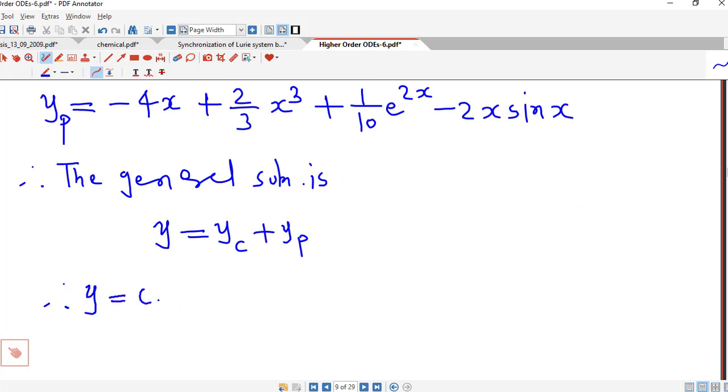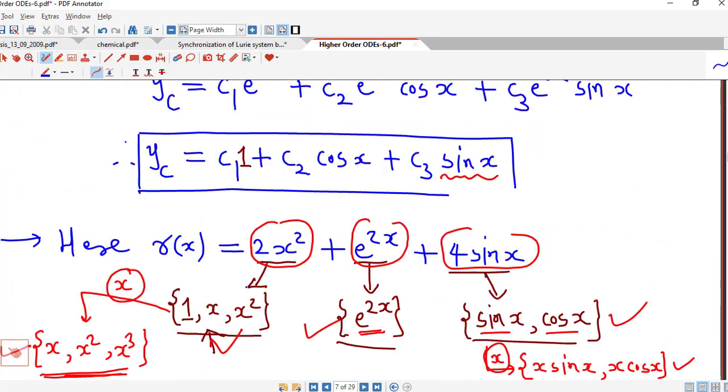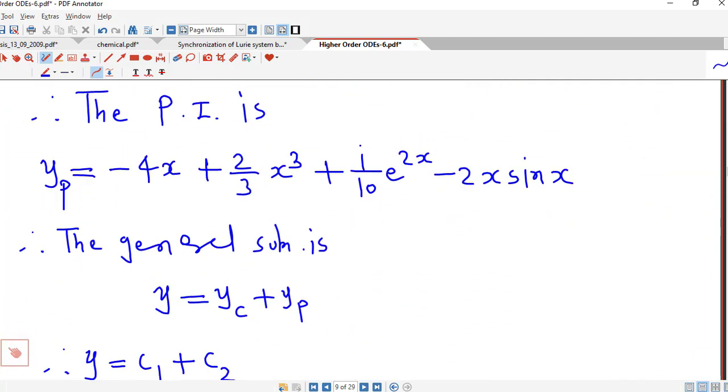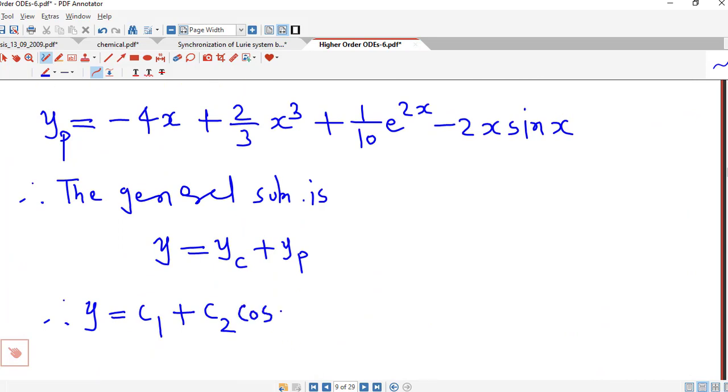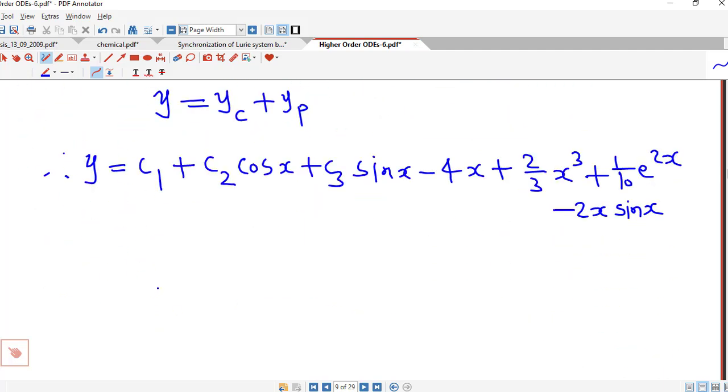Therefore y equal to the complementary function, which was c1 plus c2 cos x plus c3 sin x, plus we write down this particular integral: minus 4x plus 2 by 3 x cube plus 1 by 10 e raised to 2x minus 2x sin x, where c1, c2, c3 are arbitrary constants.